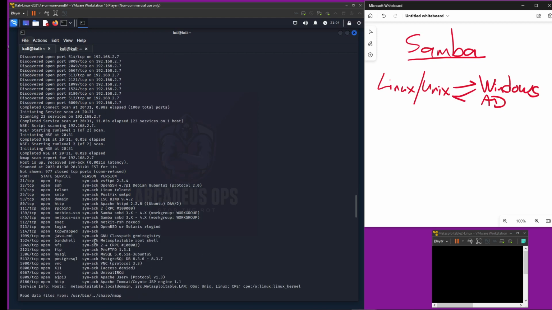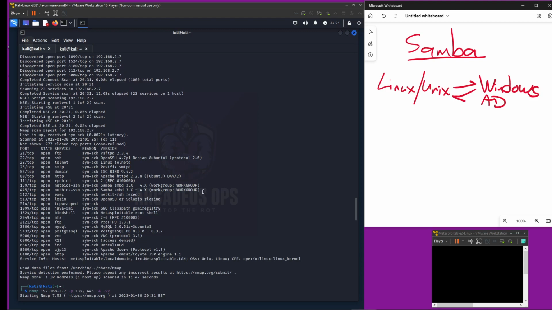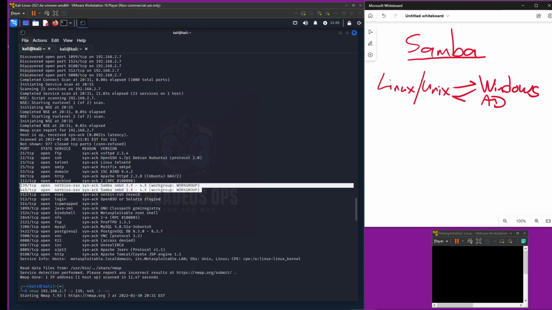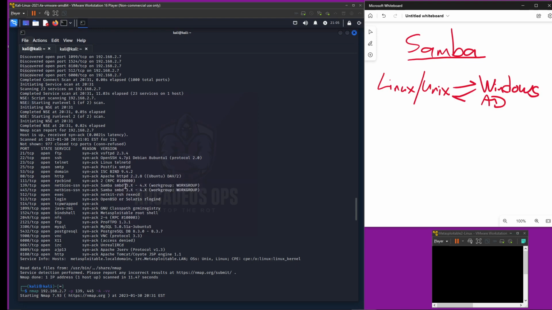And as you can see, it has in fact done that, and it told me that 139 and 445 are operating Samba, but it hasn't told me the exact version numbers. Give me a range, which is not really useful.